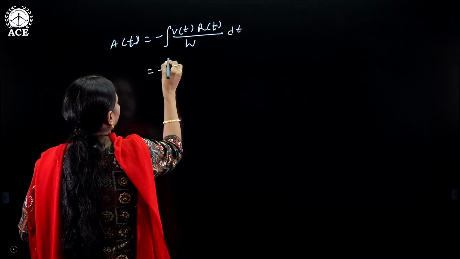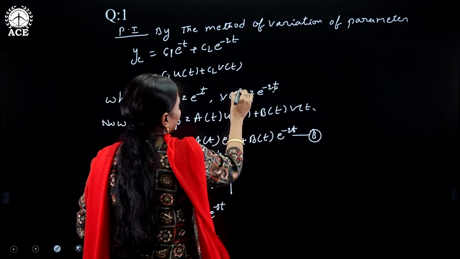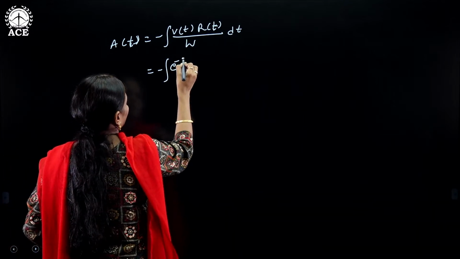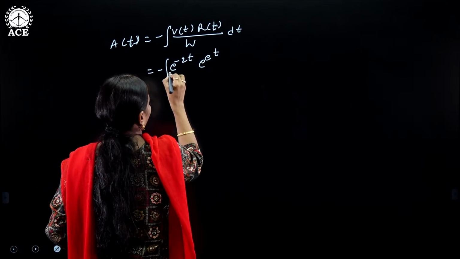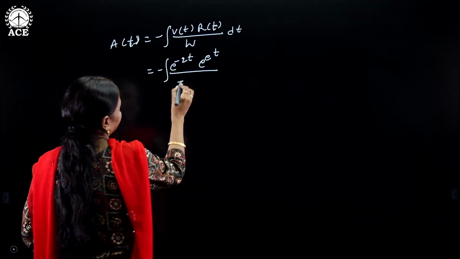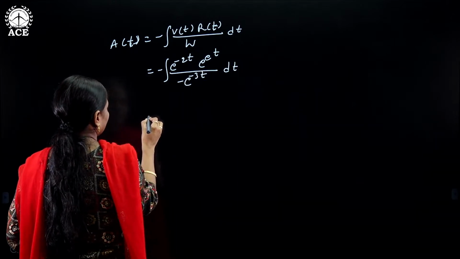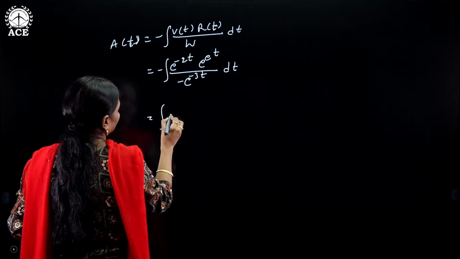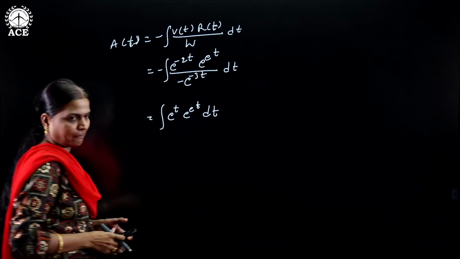Here v of t is equal to e power minus 2t, r of t is e power t, and w is minus e power minus 3t. Simplifying, minus into minus is plus, and e power minus 2t plus 3t gives e power t into e power t into dt.